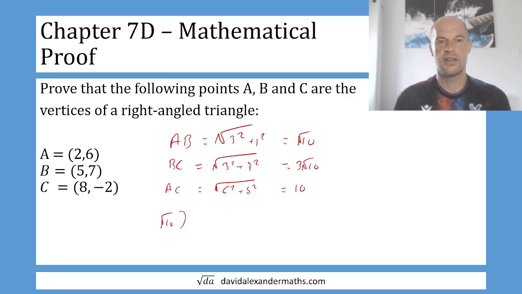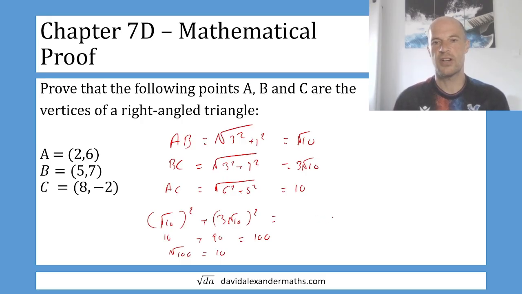Root 10 squared plus 3 root 10 squared equals, well, root 10 squared is 10, 3 root 10 squared is 9 times 10, which is 90, which equals 100. The square root of 100 is 10. Okay, so therefore we've proven that this is a right angled triangle because AB squared plus BC squared equals AC squared.